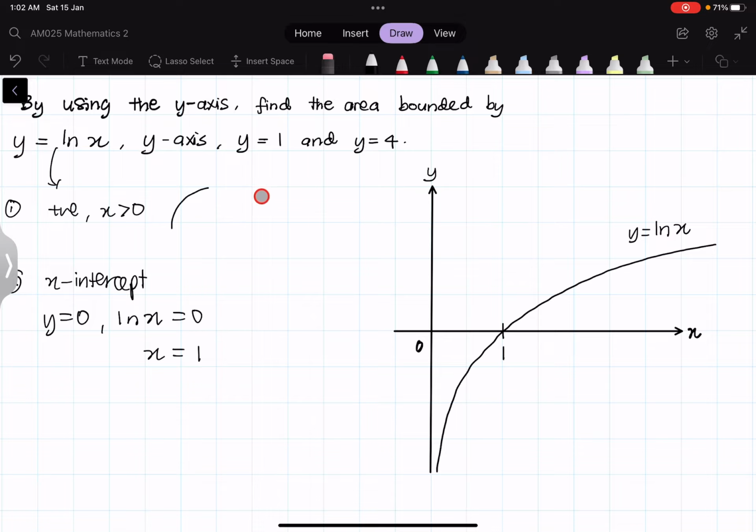So now let's determine the region. Just before that, let's draw the lines for y equals 1 and y equals 4. So let's say this is the line for y equals 1. And this is the line for y equals 4.